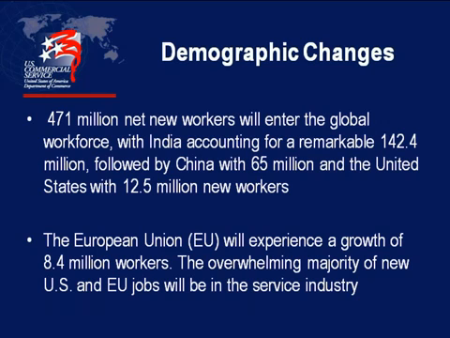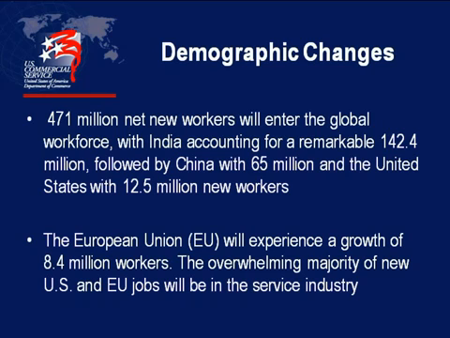And the demographic changes also include educated workers, what we call knowledge workers these days. India will have the largest number of new workers coming into the workforce, even though China's population is more than India's. China will only add 65 million, whereas the United States will add only 12.5 million in the next few years.